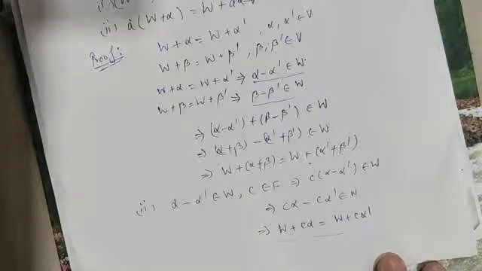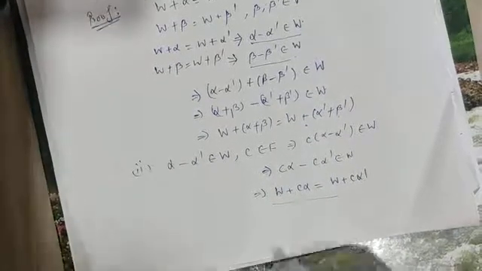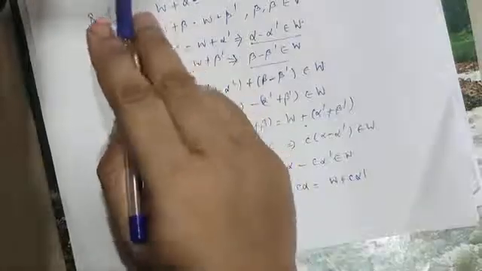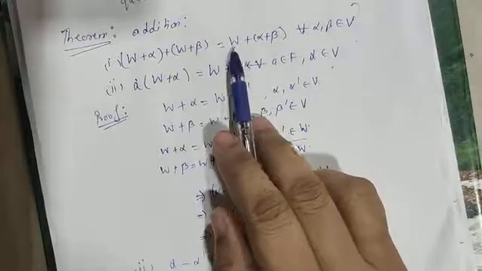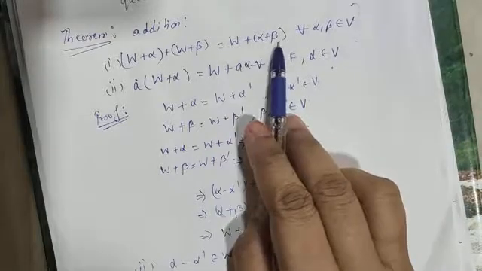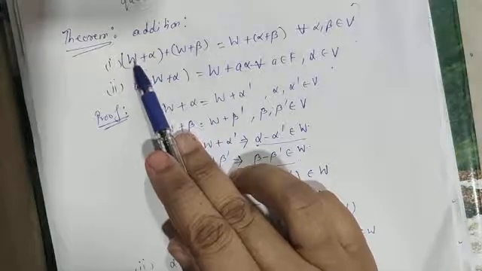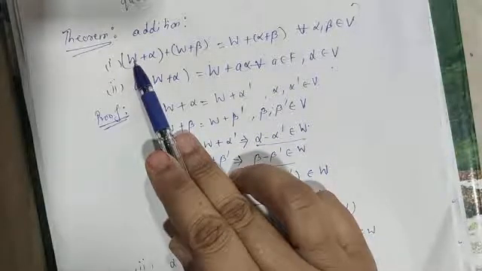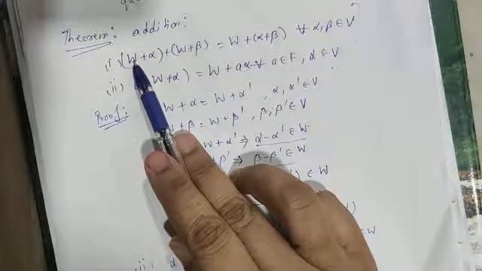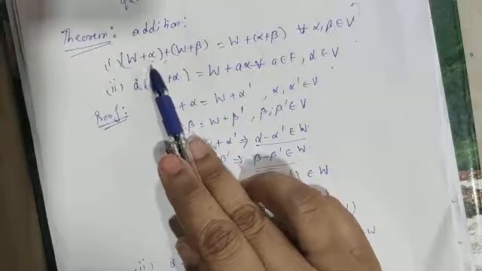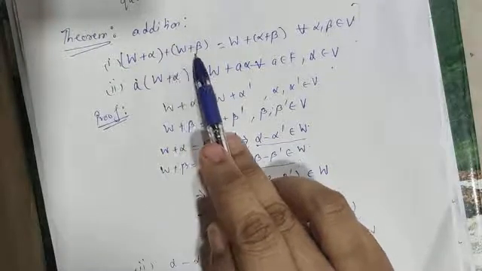Also we can see here how W plus alpha plus W plus beta equal to W plus alpha plus beta. Now if we take any elements alpha dash belongs to W, then we can have elements of the form alpha dash plus alpha plus beta dash plus beta.